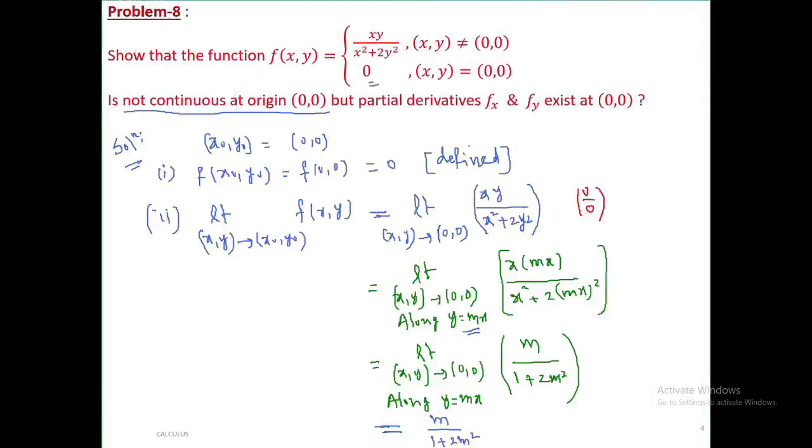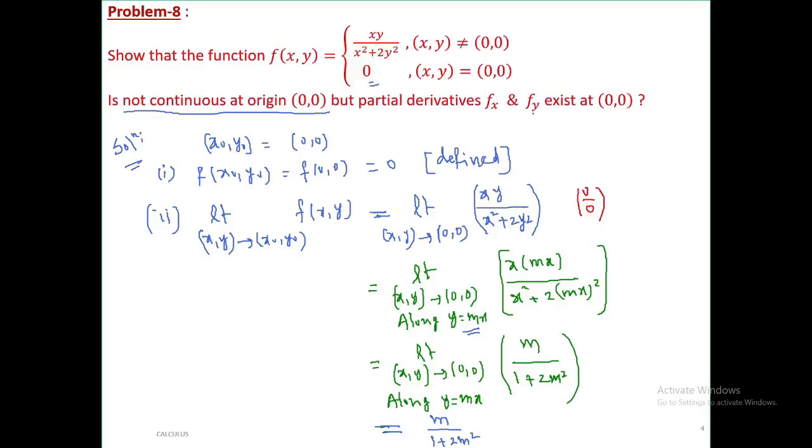First, say I want fx, right? Fx means partial derivative with respect to x. Already f is given to you. You apply the u by v method, you find out what fx is, and after that you substitute the point 0 comma 0. Next, similarly fy. Again f of x comma y is given to you. It is a fraction. X into y is the numerator, x square plus 2y square is the denominator. Then do the partial derivative with respect to y.